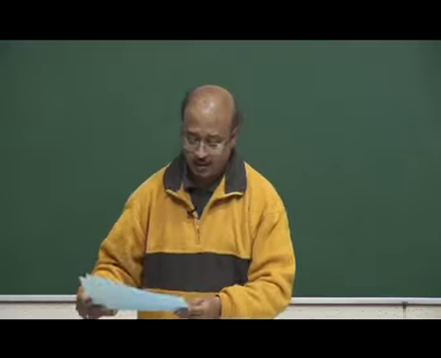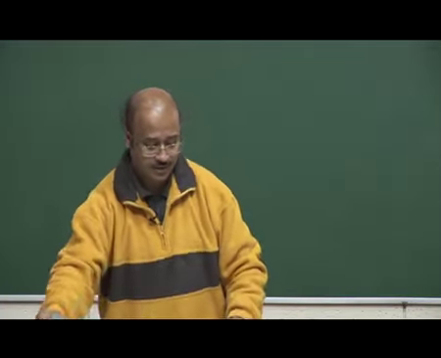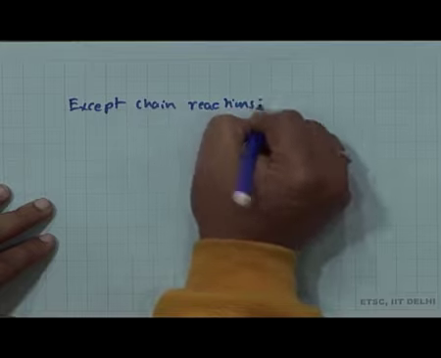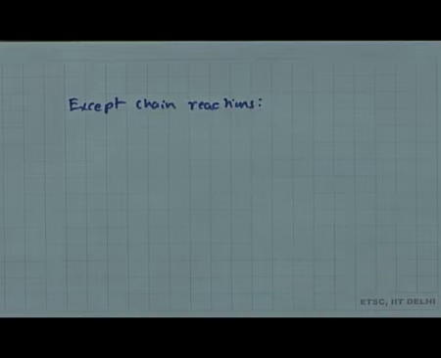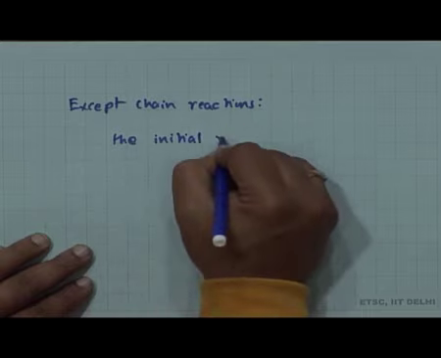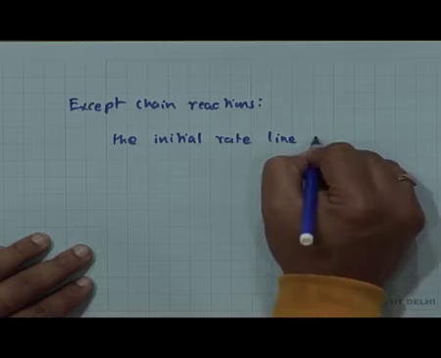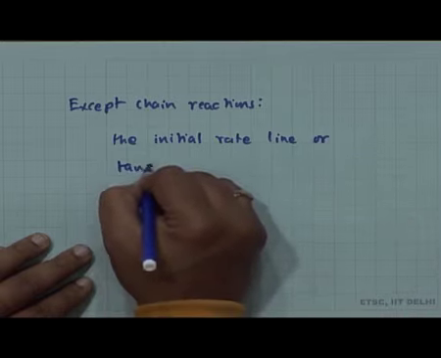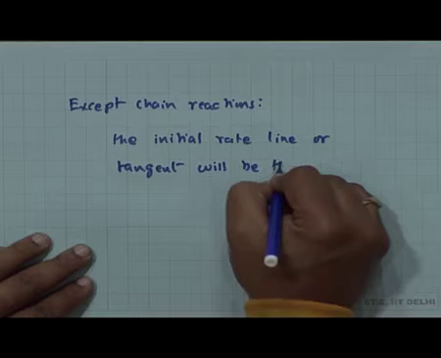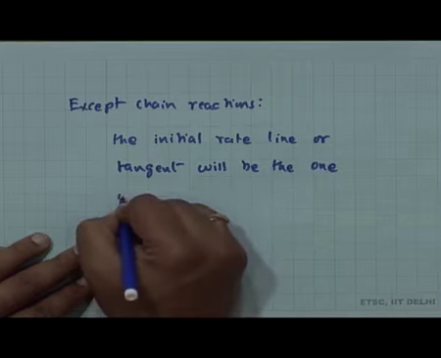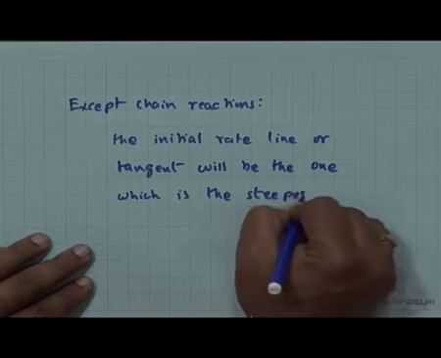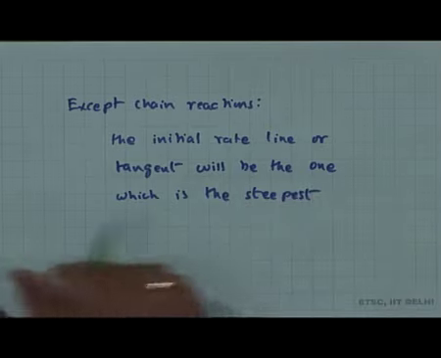So, we can write except chain reactions, right, the initial rate line or tangent, if you would prefer to say that, will be the one which is the steepest, that is having the maximum slope.